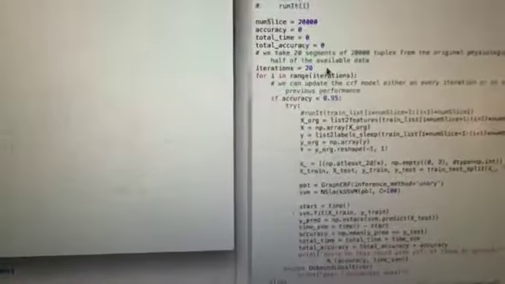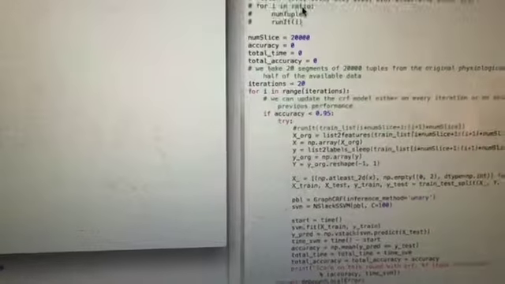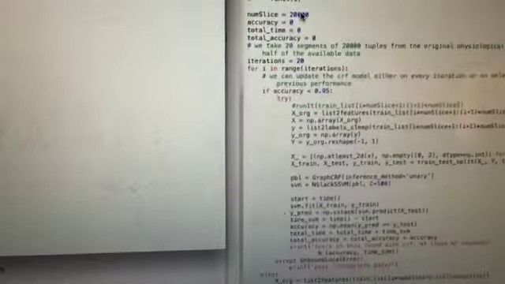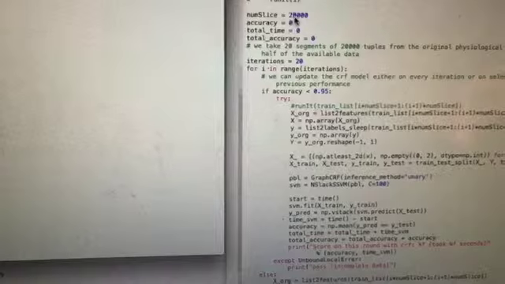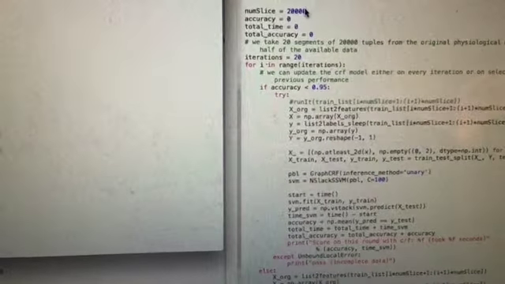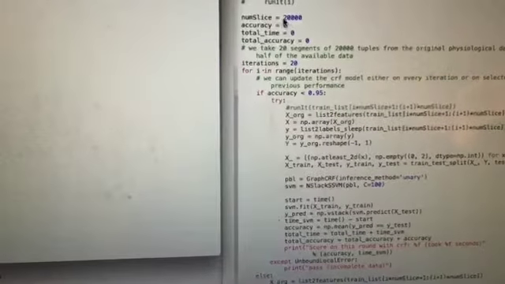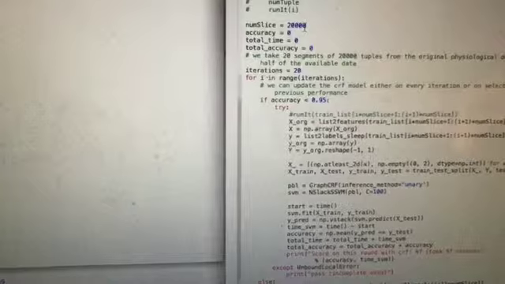So let's get started. The size of the whole data file is about 67 megabytes, and they have like 590,000 tuples in total. And we'll split the file into several segments comprising 20,000 tuples each.